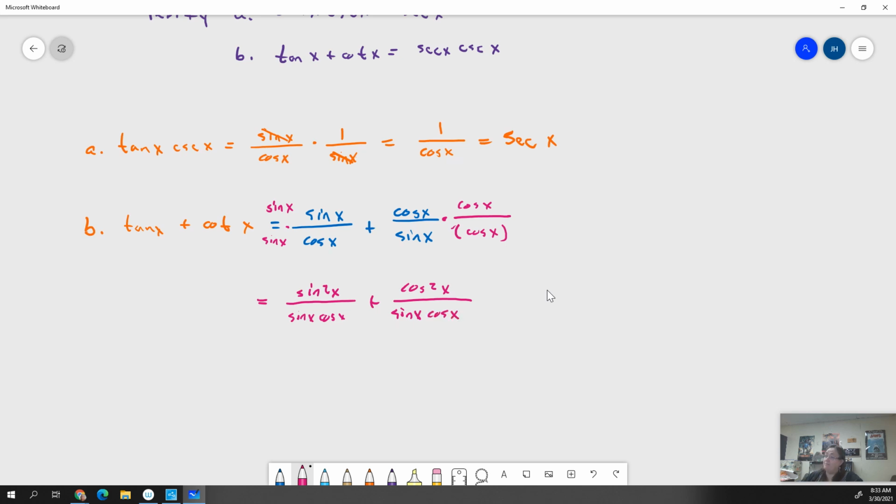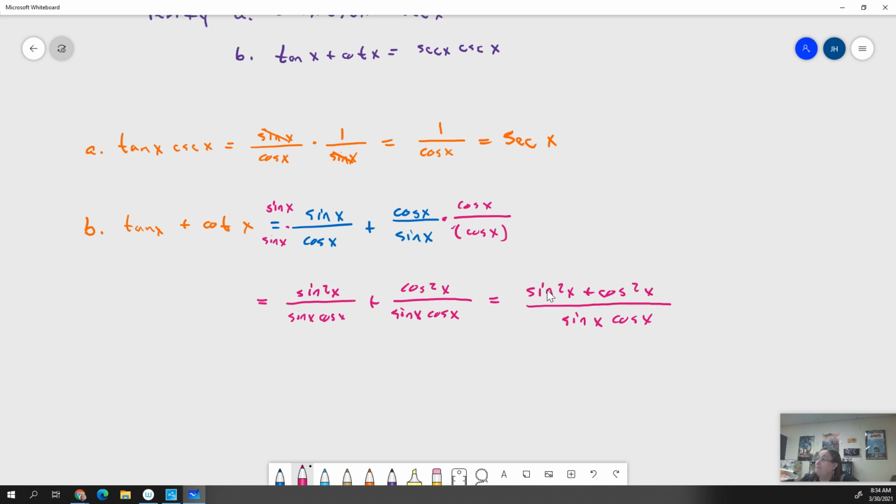So we have our common denominator, which means I can just go ahead and add those numerators together, which is sine squared x plus cosine squared x, which should look familiar to some of you by now, over sine of x cosine of x.